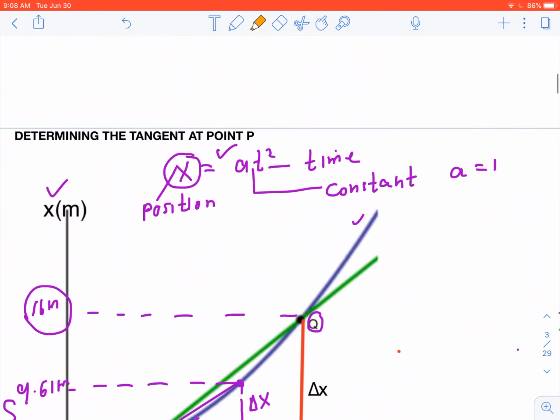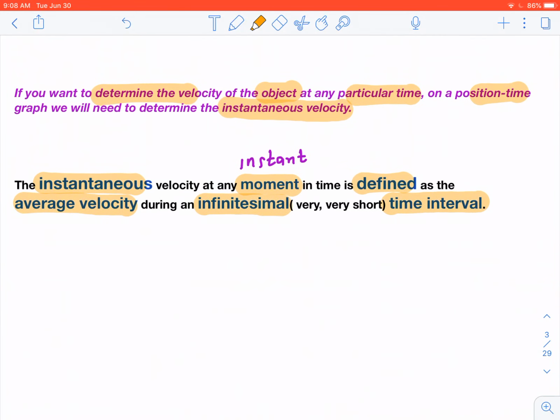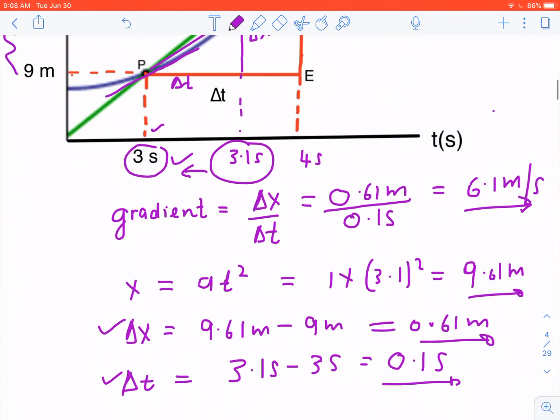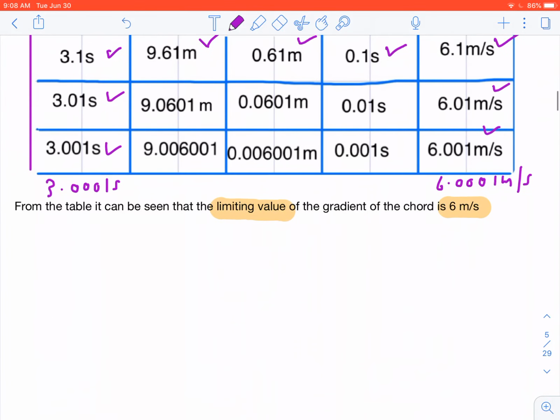So you need to know that when the time interval is very, very short, that is your limiting value.